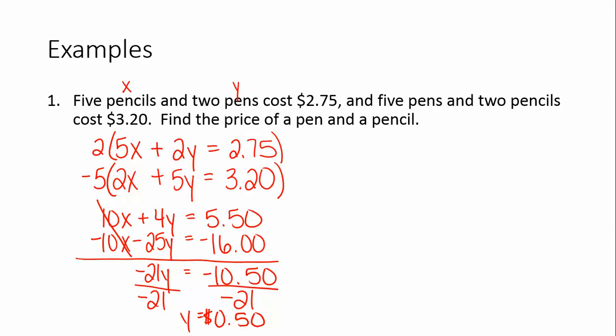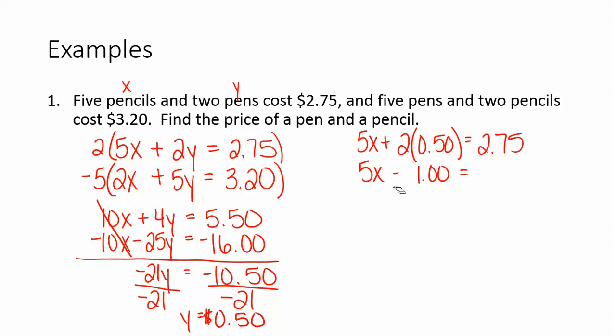So we found the price of y. Remember, y was a pen. Now we need to determine the price of a pencil, which is x. So I'm going to take that 50 cents and I'm going to plug it back in for y of the first equation, just like we did before. So 5x plus 2 times 0.50 equals 275. Now I just need to solve the equation for x. 50 cents times 2 is $1.